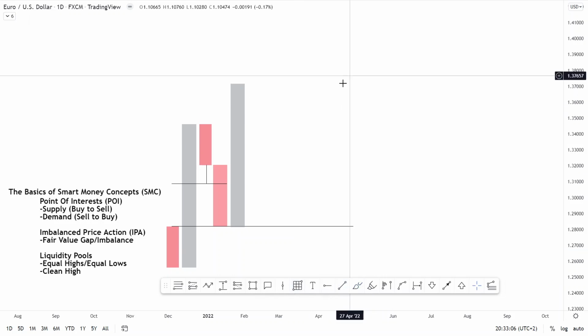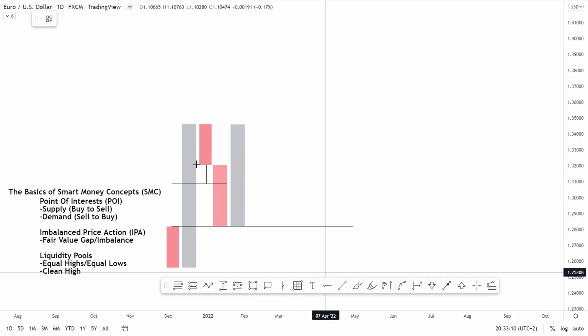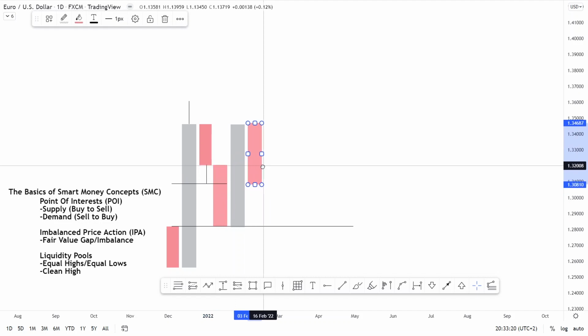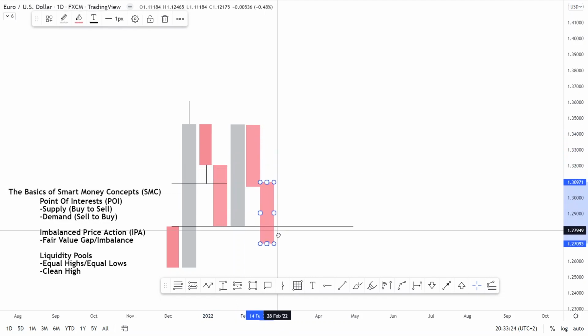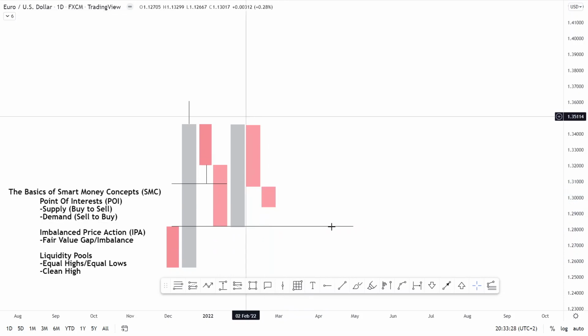We have an area in the market whereby the market trades higher, it makes a high here, and then we have it trading into this demand zone, right? And then from there it makes a bit of a retracement, and then what it leaves behind is equal highs, right?